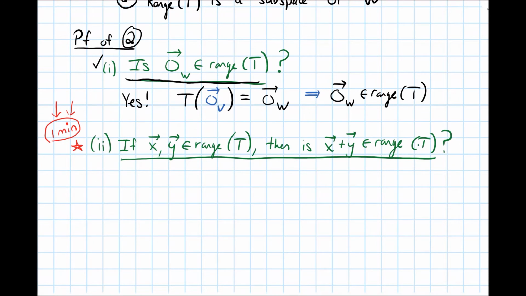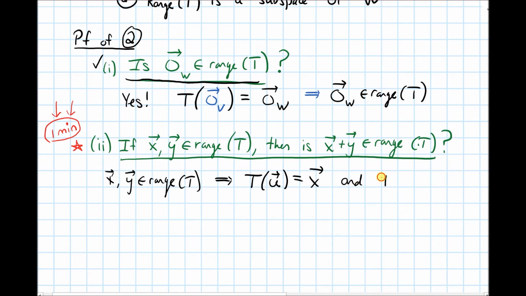So let's break down what it means when we assume x and y are in the range of T. When we say that x and y are in the range of T, this means that we can get x and y out of T. So this means that T of some vector, let me just call it u, equals x, and T of some other vector equals y.